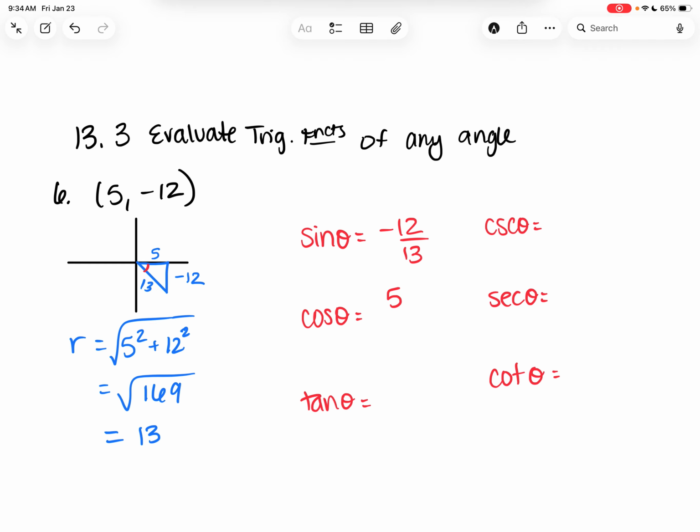This is 5 over 13. Tangent, opposite over adjacent. So that's negative 12 over 5. Cosecant, we just flip sine. So that's going to be negative 13 over 12. Secant, we flip cosine, so that's going to be 13 over 5. And then cotangent, we flip tangent, so it's going to be negative 5 over 12.